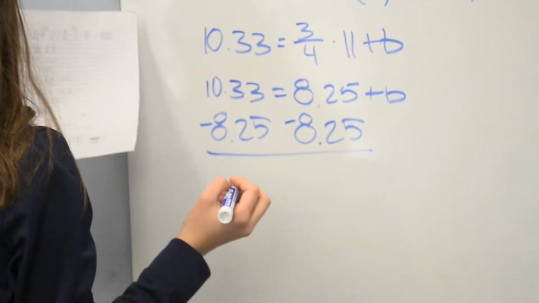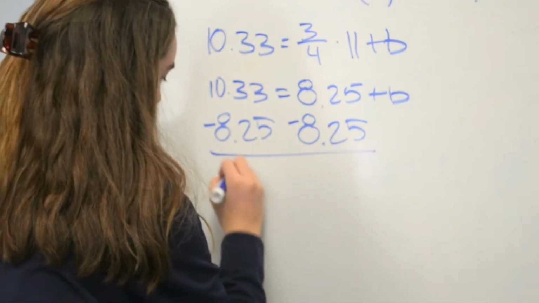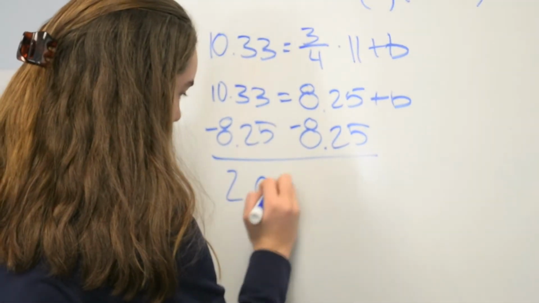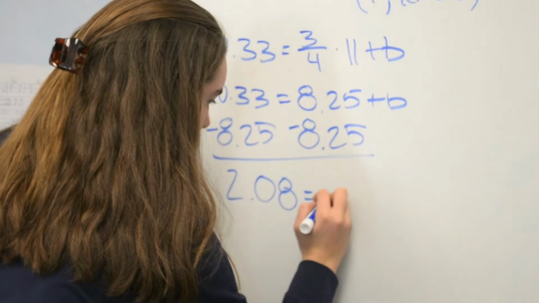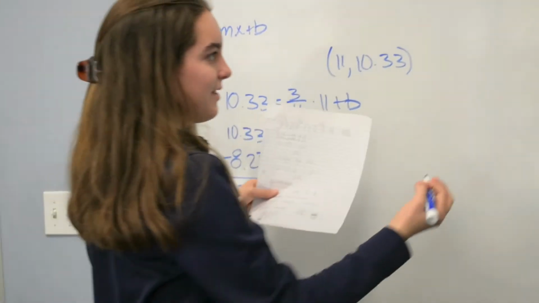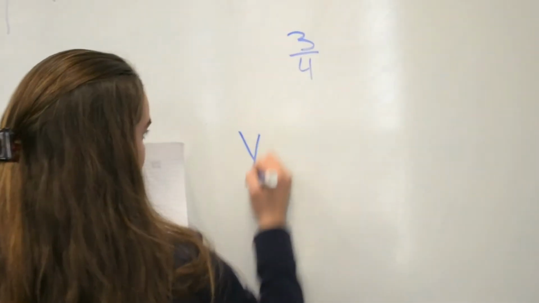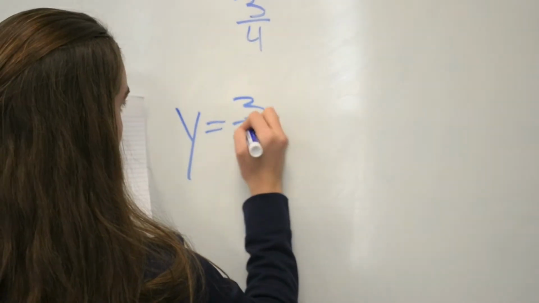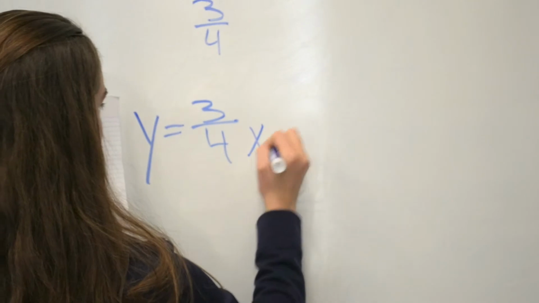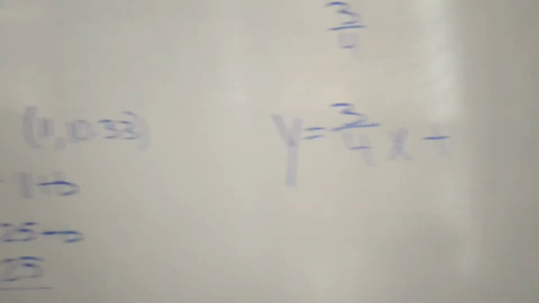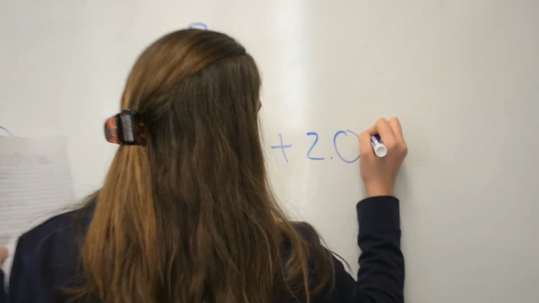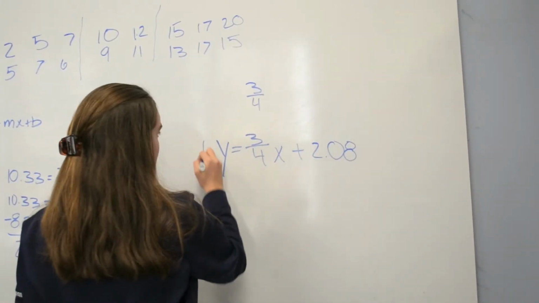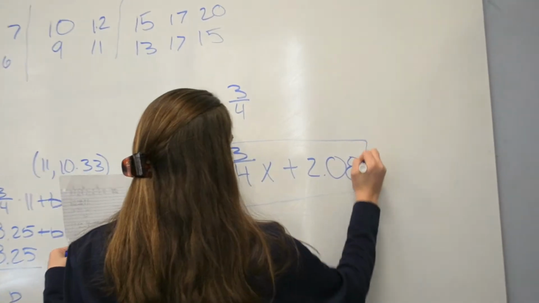And that's going to give you b equals 2.08. So when you write out the final y equals mx plus b for the median line, you have y equals 3 over 4 x plus, and then there's the b we have, so 2.08. So for the median line by hand, that's your final answer.